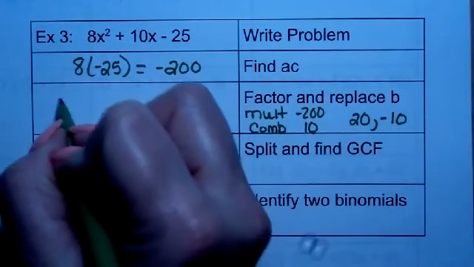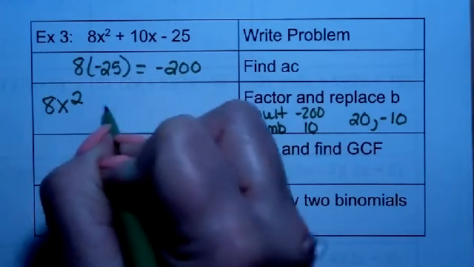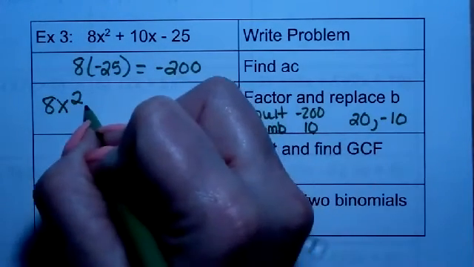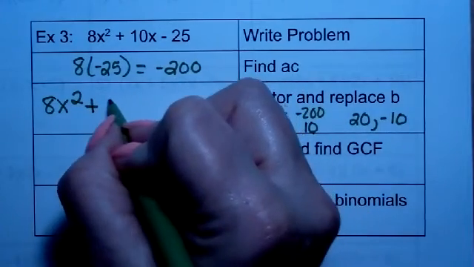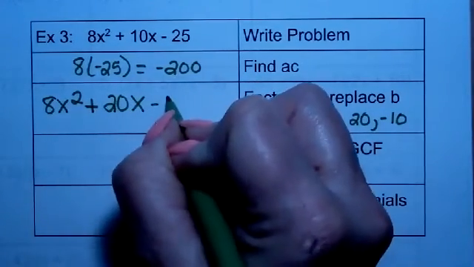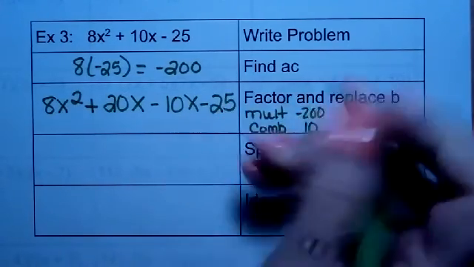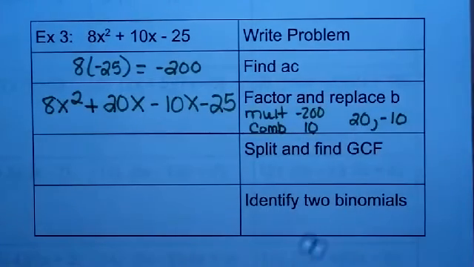Okay, now I need to factor out the 10x to the 20 and negative 10. So I'm going to come right here and say 8x squared plus 20x minus 10x minus 25. Okay.